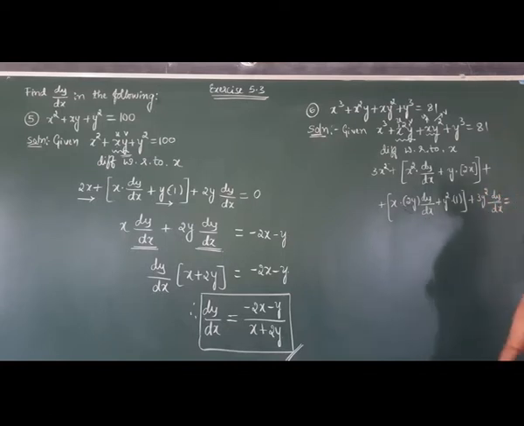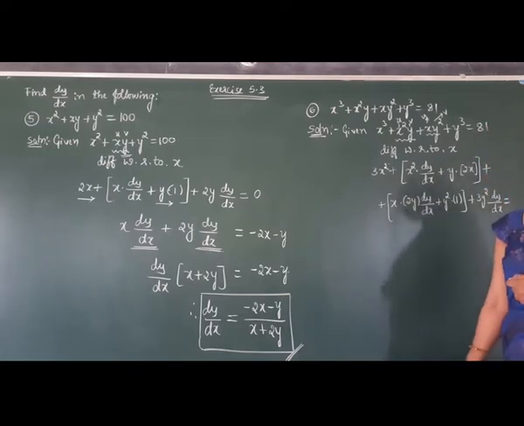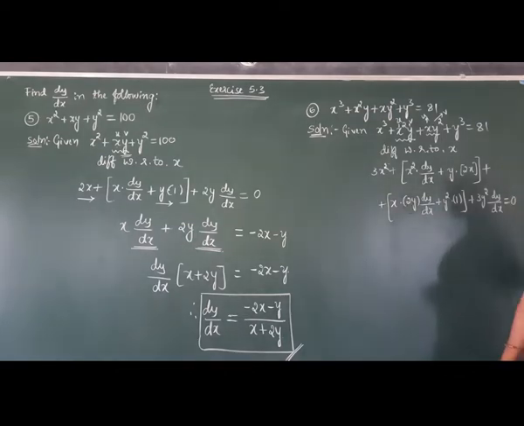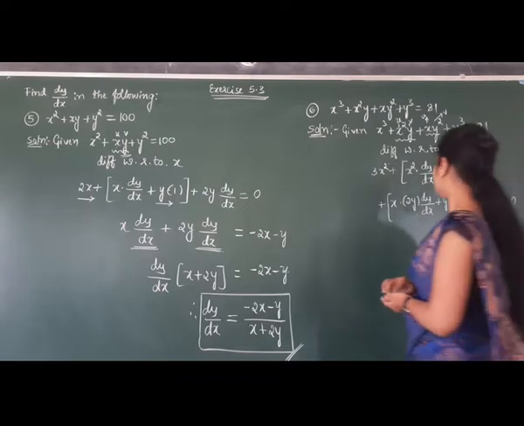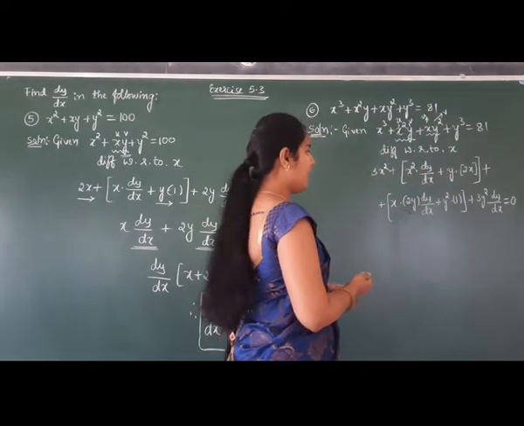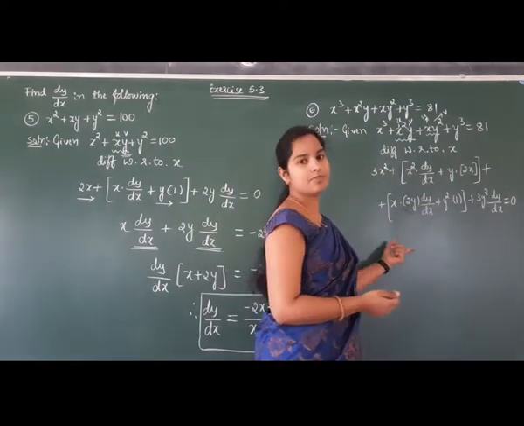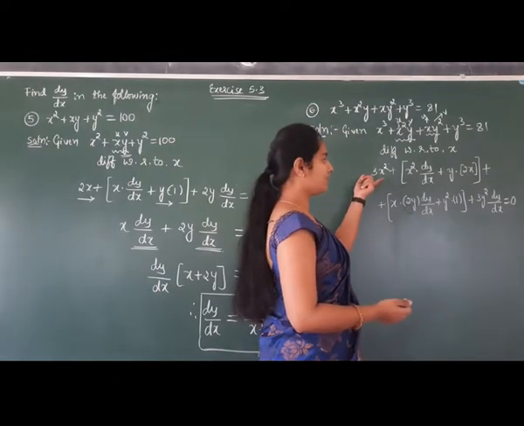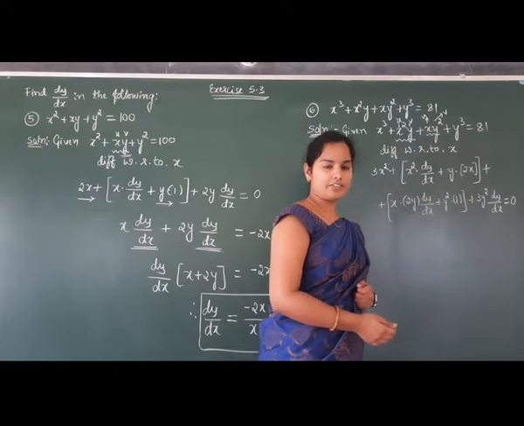That is equal to derivative of the constant 81 is equal to 0, right? Derivative of constant is 0. Okay. So now I will collect all the terms of dy by dx on one side and I will send the remaining terms to the RHS. Okay.